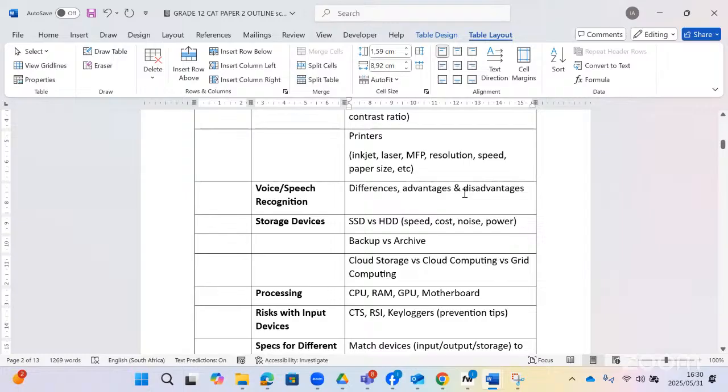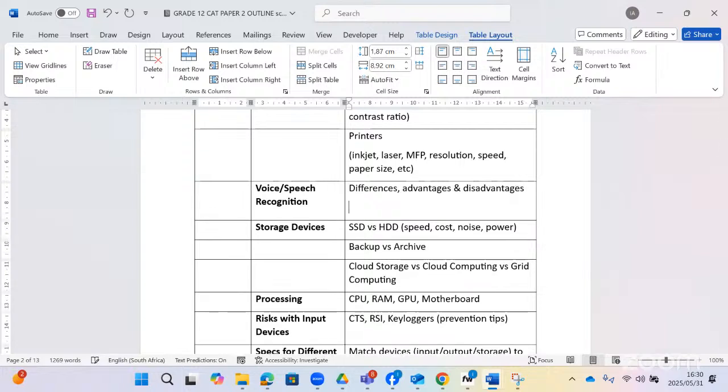Now, voice recognition mostly identifies a unique voice, mostly for biometric or security reasons. The speech recognition only identifies the spoken words.